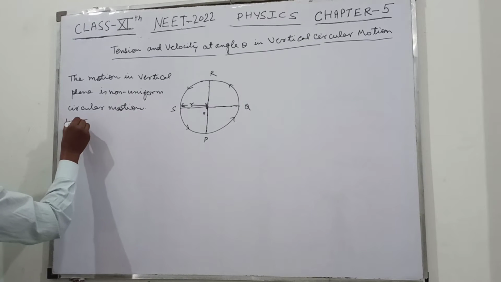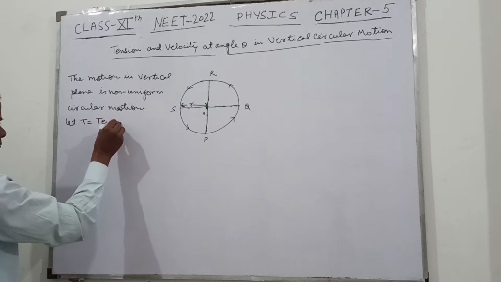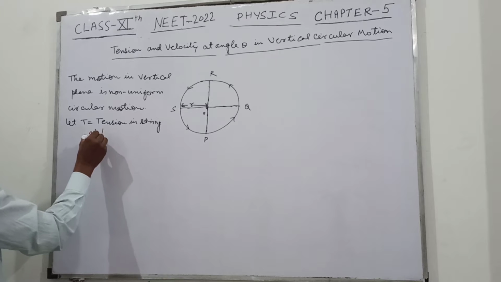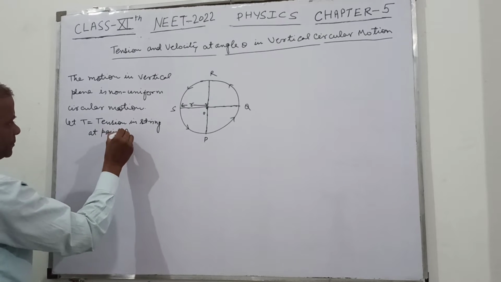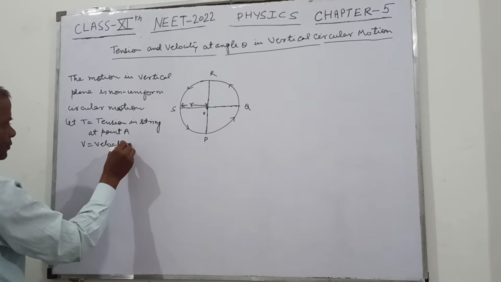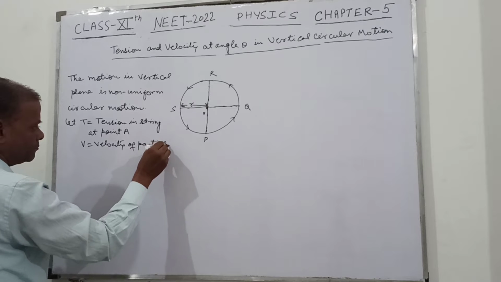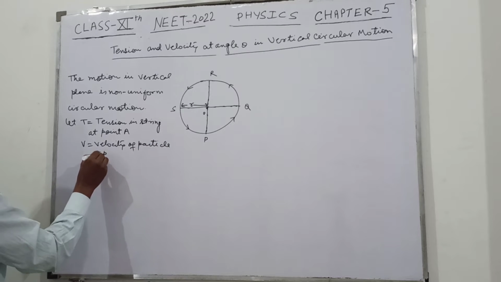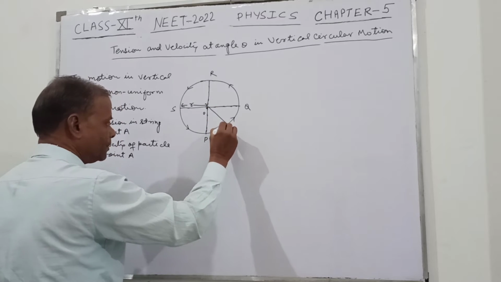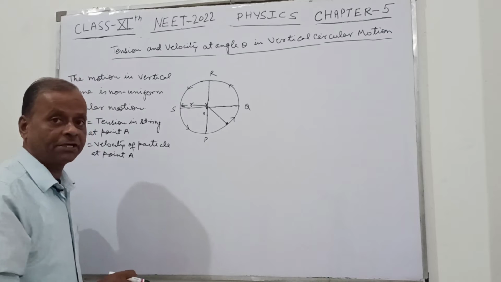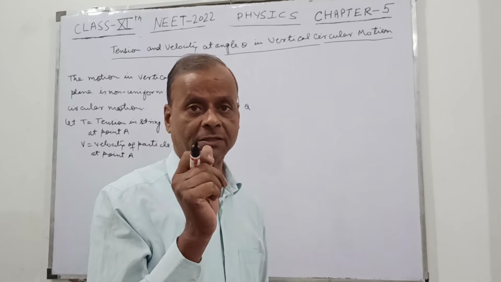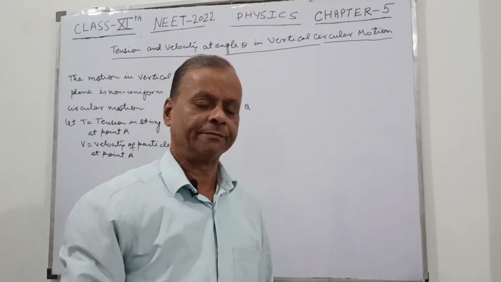Let T equal to tension in string at point A and V equal to velocity of particle at point A. So this is the point A. This particle is tied at one end of the string and the other end is kept fixed, and then this is rotated in the vertical plane.